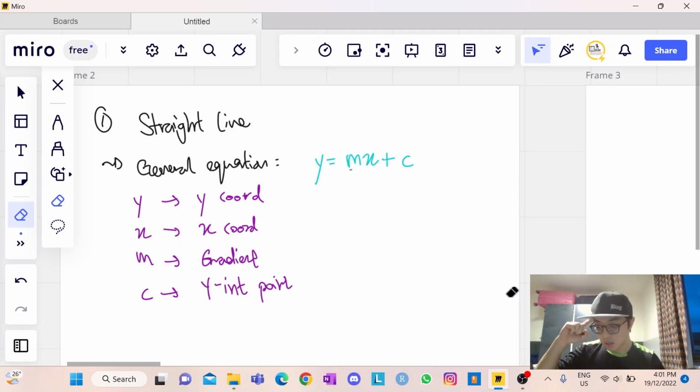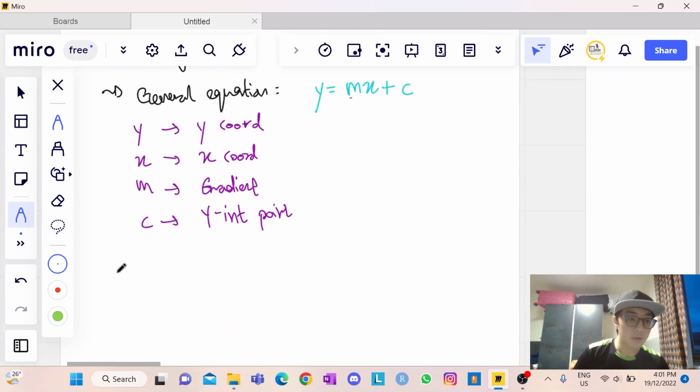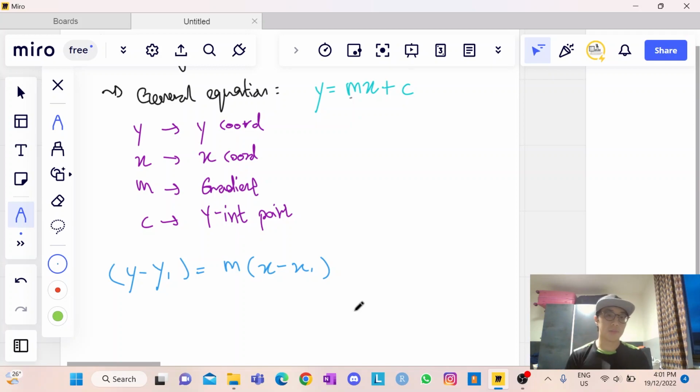There are other ways of stating a straight line. If I'm not mistaken, there is one called y minus y1 equals m times x minus x1. I remember there's one type of straight line equation which can be written like this, and it's easier in some cases but not all.